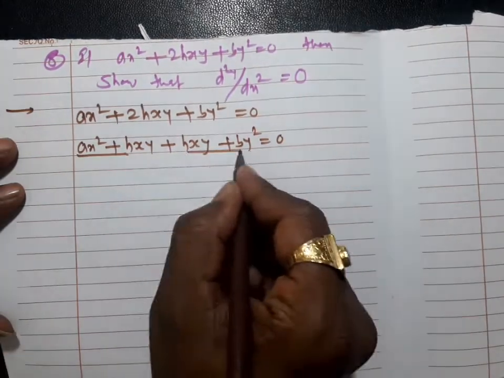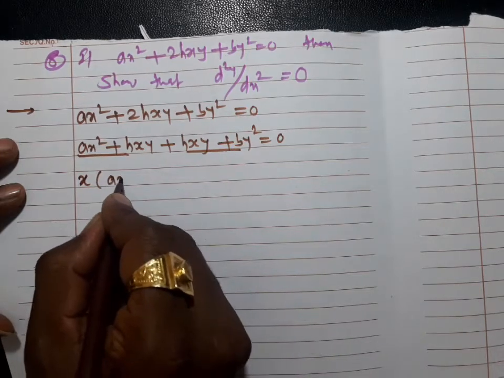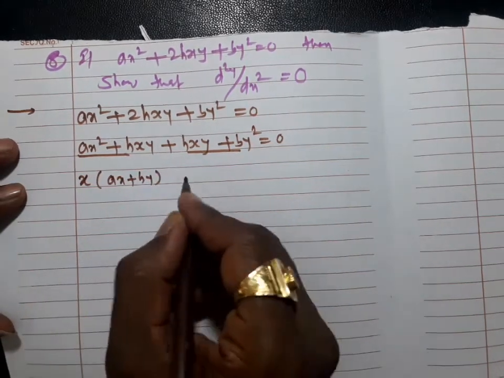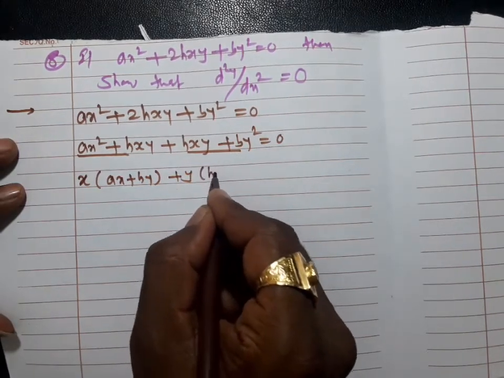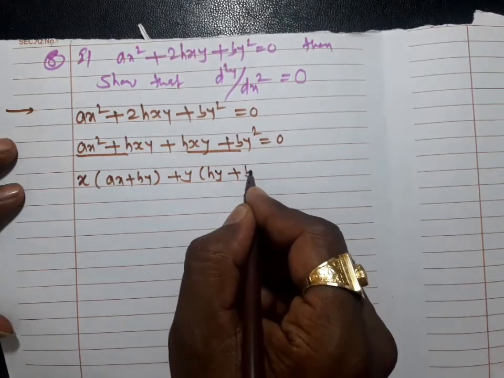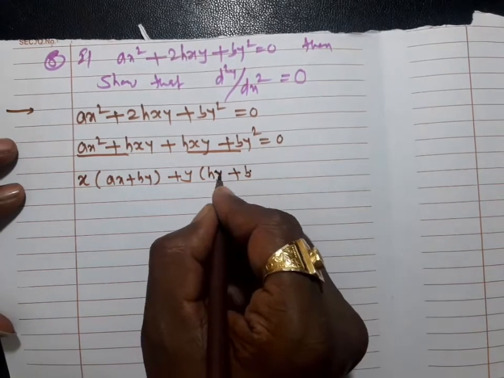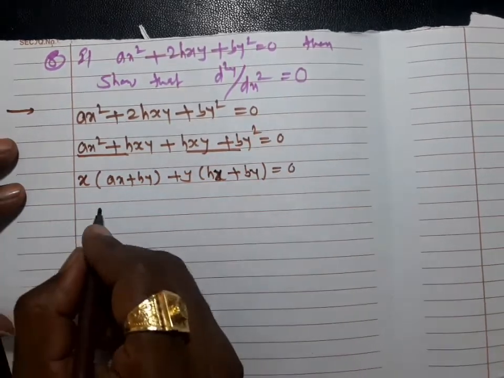From these two, x is taken out, so x(ax plus hy), and from the other two, y(hx plus by) is equal to 0.